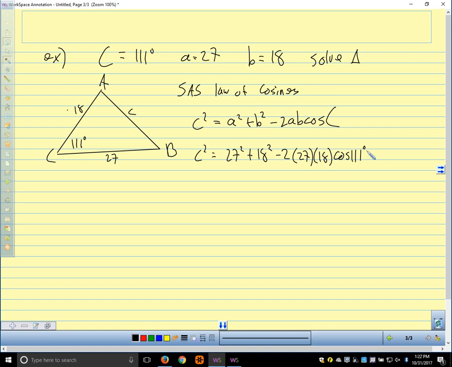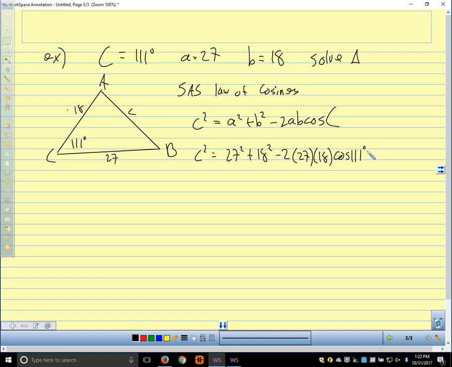All right, first place to be careful with this part of law of cosines is cosine of 111 degrees, positive or negative? Negative. So we have a negative number here times a negative, so we end up adding this quantity. So be careful with that. If you plug it in your calculator like that, you'll be okay.